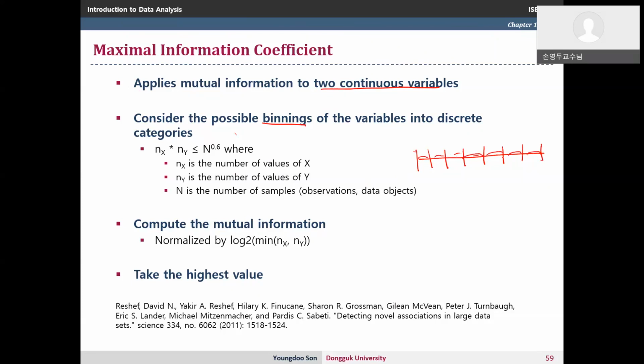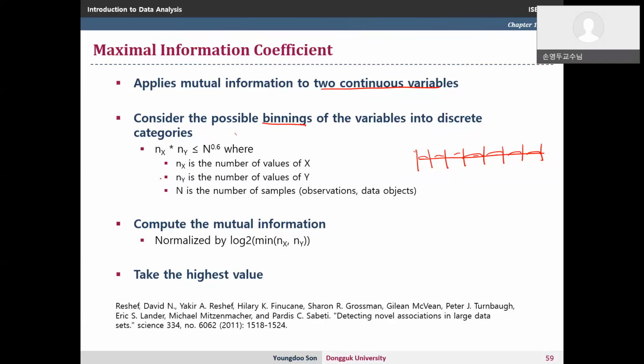If we use binning for both x and y, we can calculate the mutual information. However, the result of the mutual information depends highly on how we make bins for continuous variables.